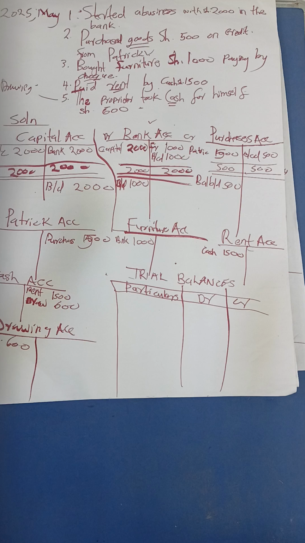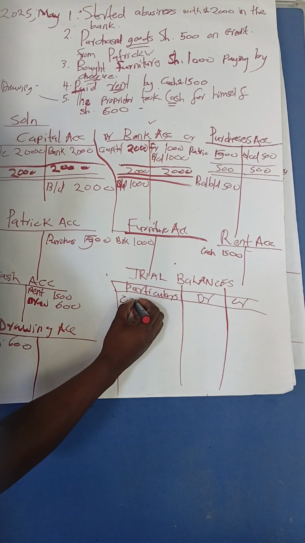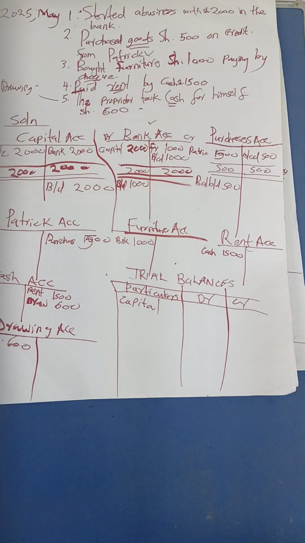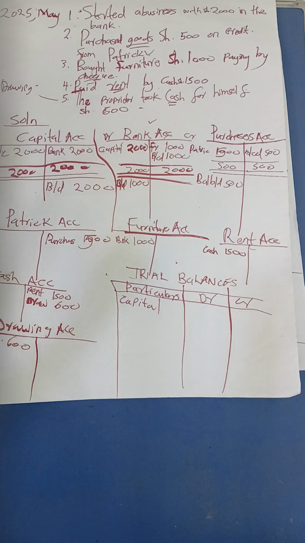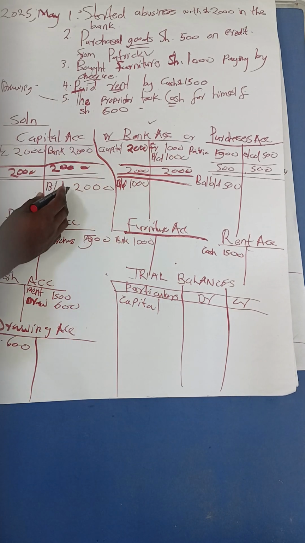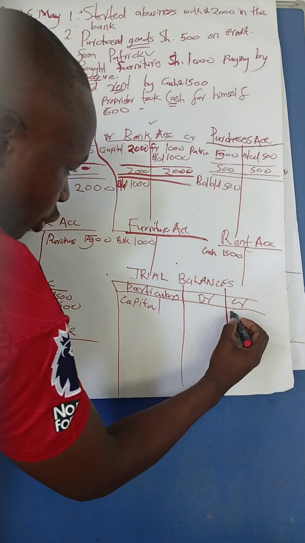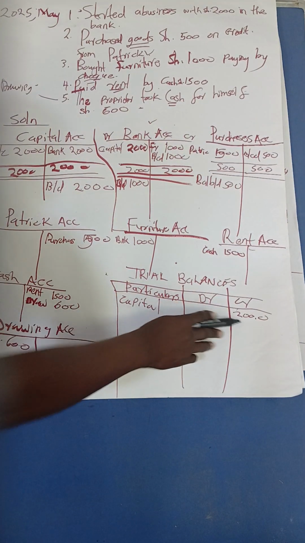So if an account has got a credit balance, when you come on the trial balance, you write your capital and put it under the credit side. Like this one, capital has credit balance, and the balance brought down is 2,000. I'll put here 2,000. This 2,000 is balance brought down.